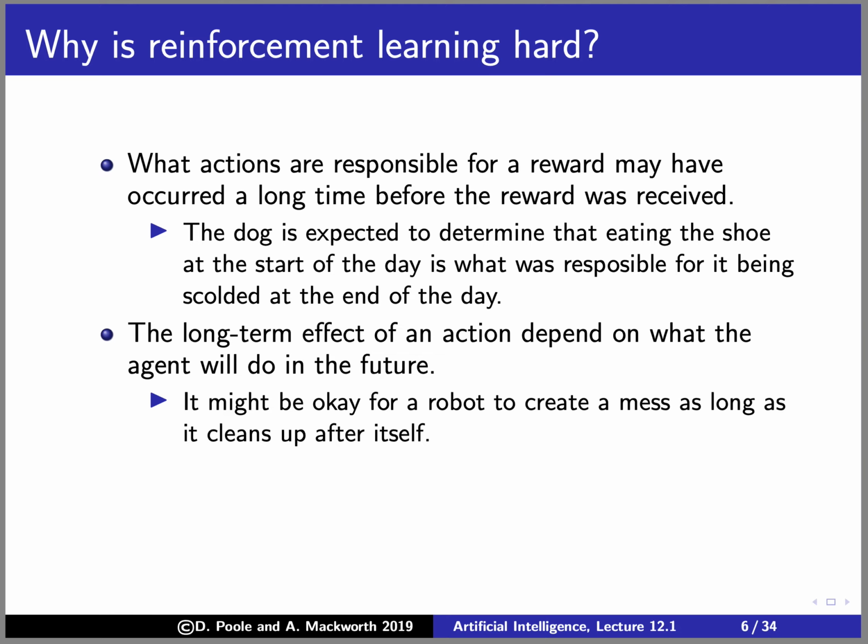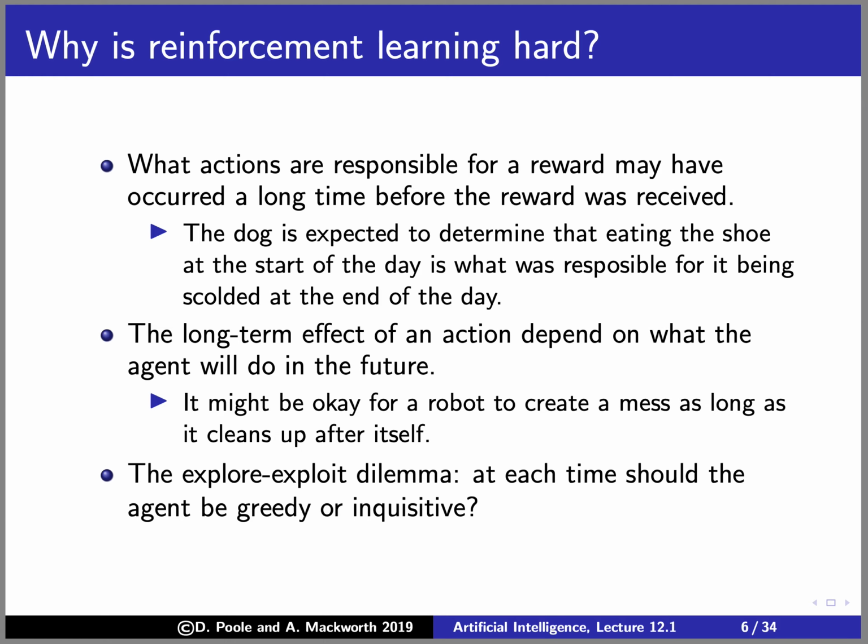So it's difficult to work out actions depending on what you're going to do in the future. There's a complex interaction between actions and time and planning. And there's also the explore and exploit dilemma. At each time, should the agent be greedy or should it be inquisitive? Should it try and be greedy and do the best thing I know about, or should it try and explore more and be inquisitive?